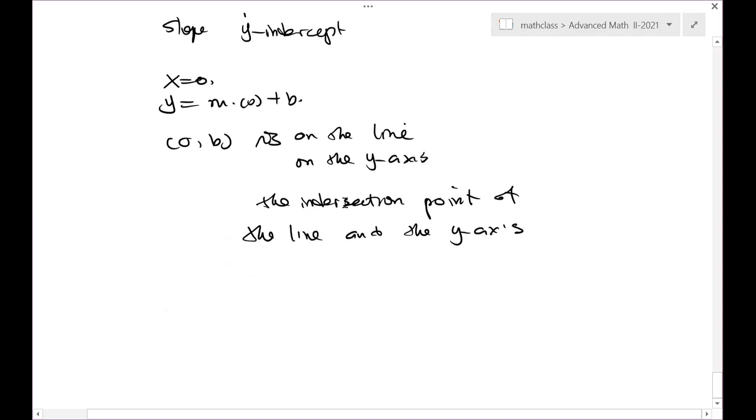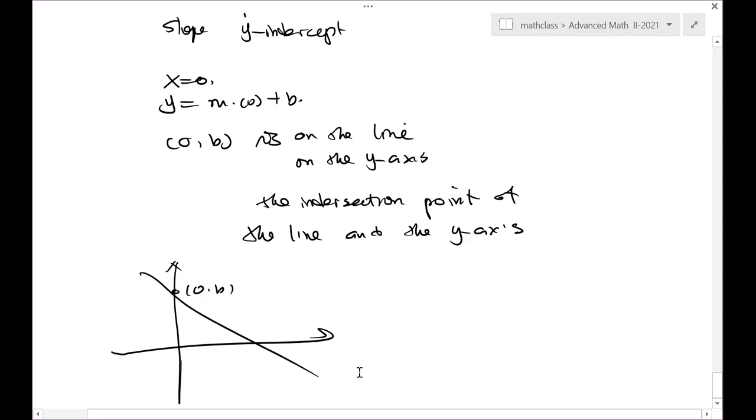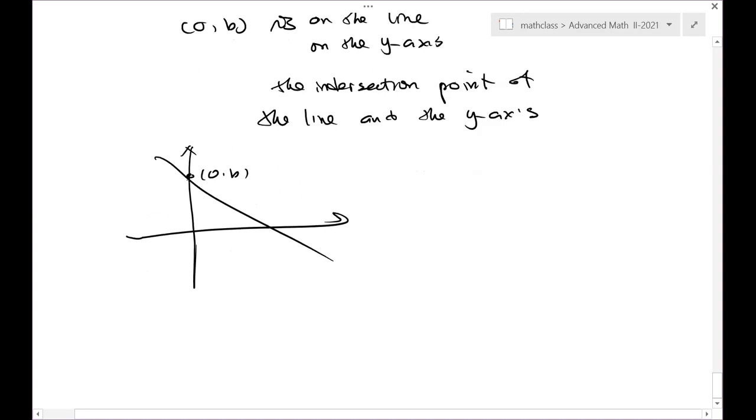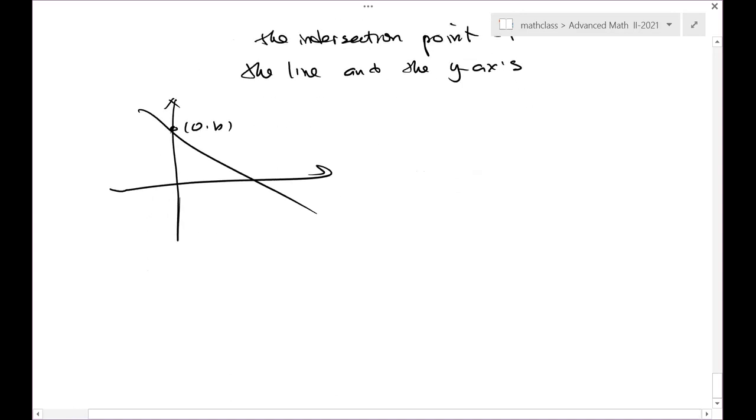If I draw the picture, this is the point (0, b) and this is the line. So we understand the meaning of each number in that standard equation. All right, so now we are able to solve the next problem.